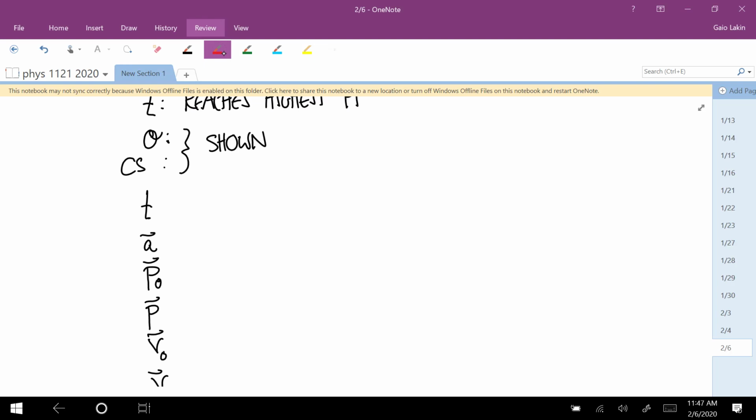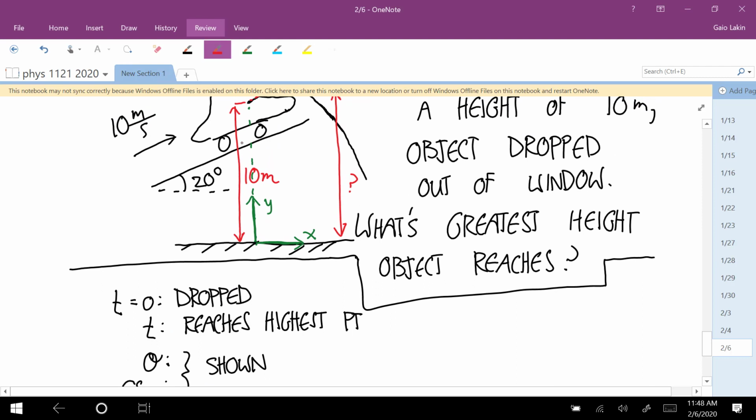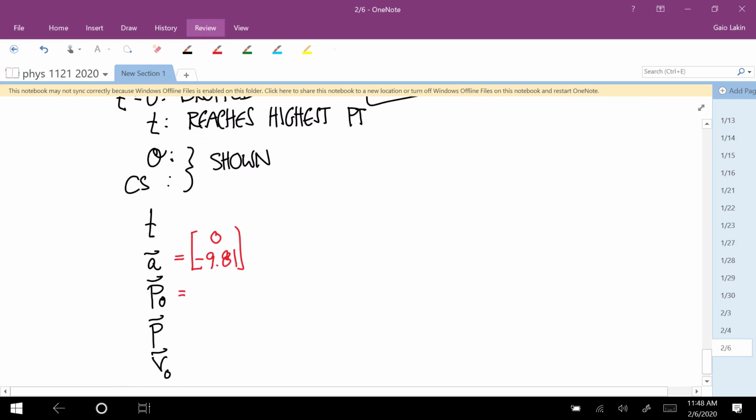We don't know t. We know that acceleration is 0, negative 9.81 in the coordinate system I chose. The initial position, I put the coordinate system right under where it's dropped from, so the coordinates are 0 for x, 10 for y.